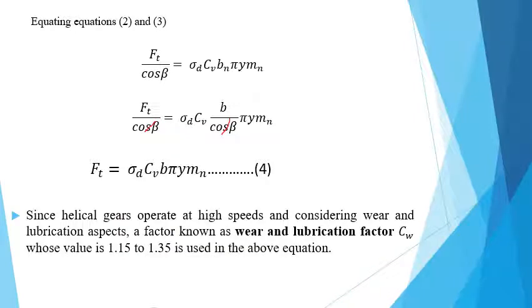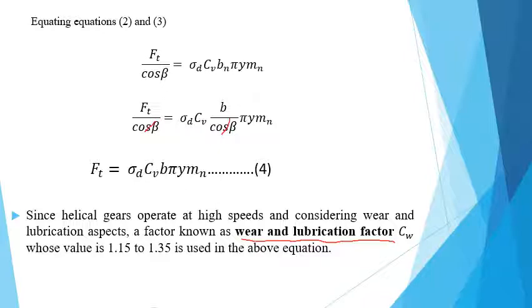Now since the helical gears operate at high speeds, considering the lubrication aspects, we have to consider a factor called the wear and lubrication factor. It is indicated by C suffix W, whose value ranges from 1.15 to 1.35.